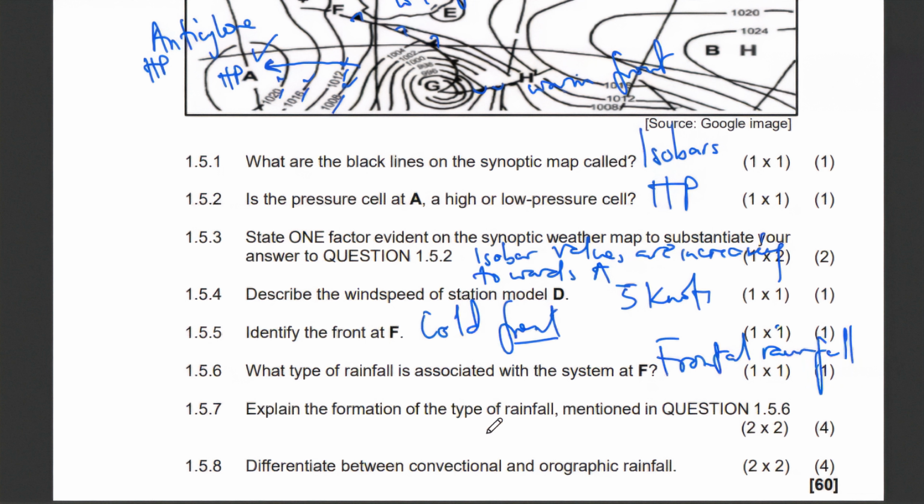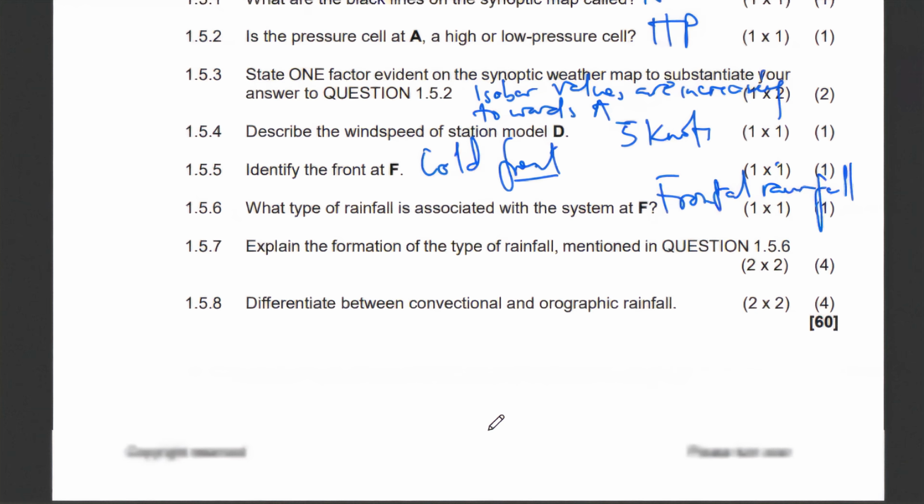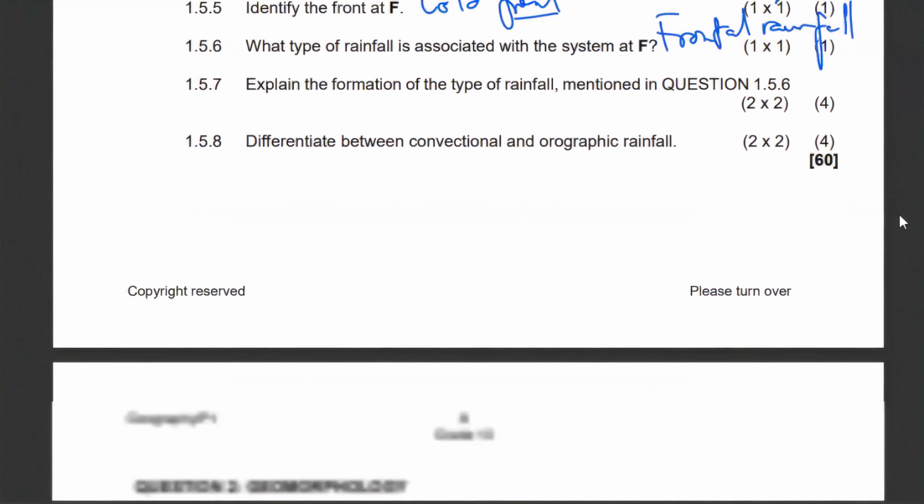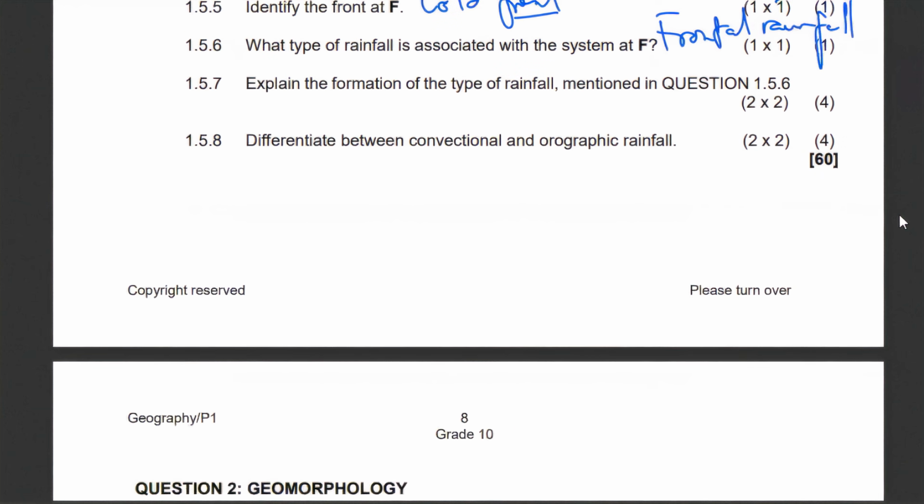Right, explain the formation of the type of rainfall mentioned in question 1.5.1. Frontal rainfall, how does it form? Frontal rainfall forms as a result of cold, dense air undercuts warm, moist air. What will happen?